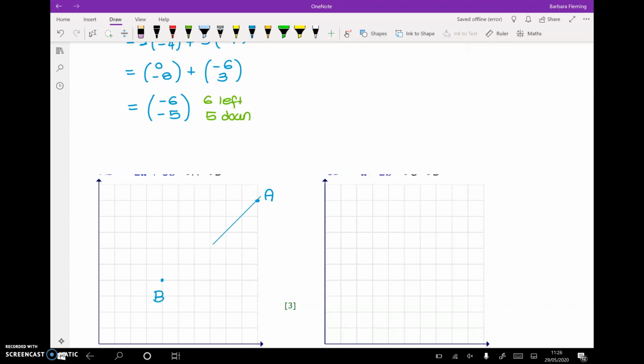I'll try and do this. Don't know if it will attach nicely. Just about. We've got a rough vector A to B. Tidy that up there. So that's our vector A to B. It'll be easier for you to drag and drop there. And again, you can just do a little check if you're counting: 1, 2, 3, 4, 5, 6 left, and 1, 2, 3, 4, 5 down.